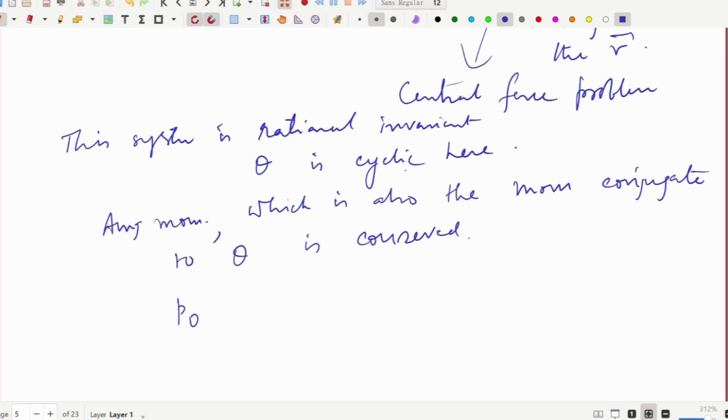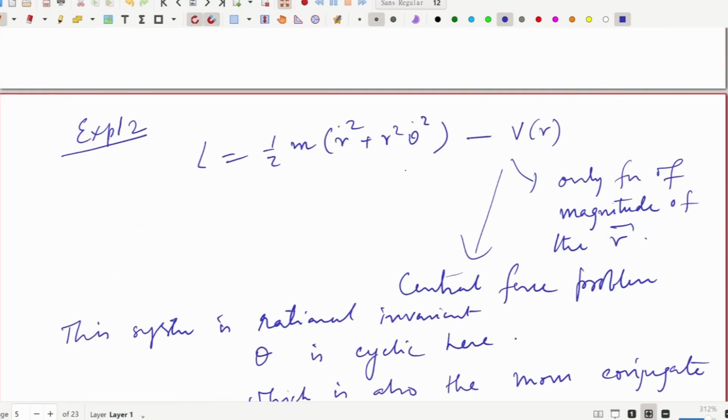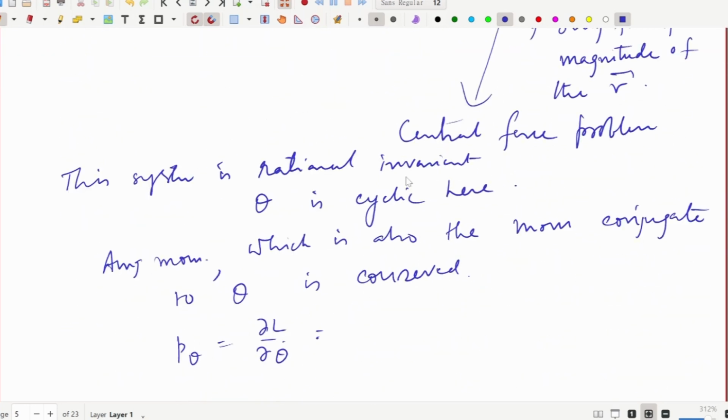So, P theta will be del L by del theta dot, which for this Lagrangian we can calculate as m r square theta dot, and one can show this is nothing but the angular momentum.